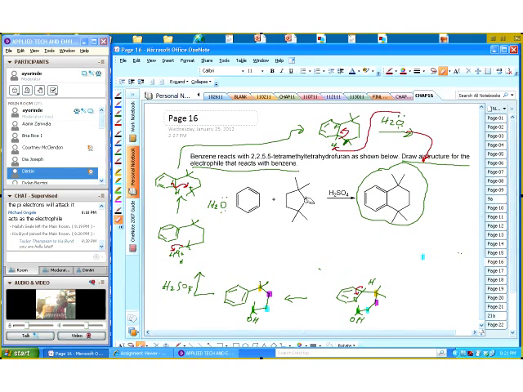It is a variation of Friedel-Crafts alkylation, but instead of using an alkyl chloride or bromide, we are using this alcohol here, or ether. We form a carbocation, which is what you form in Friedel-Crafts alkylation. That carbocation is attacked by this, then another carbocation is formed and attacked by this, and we end up forming our final product.